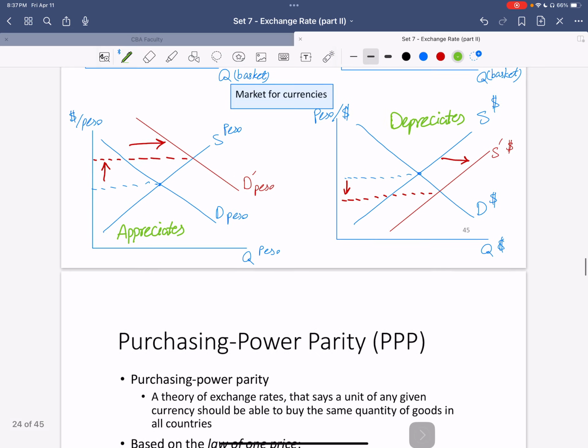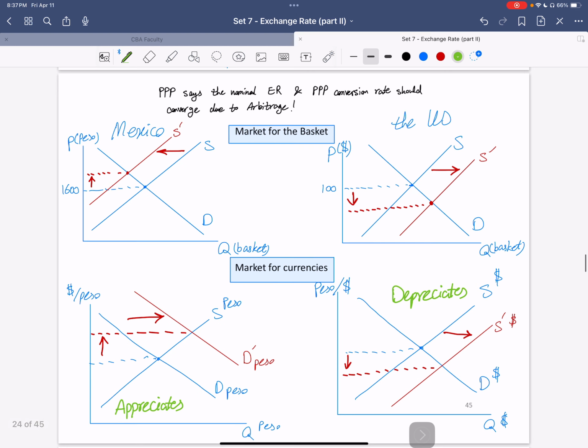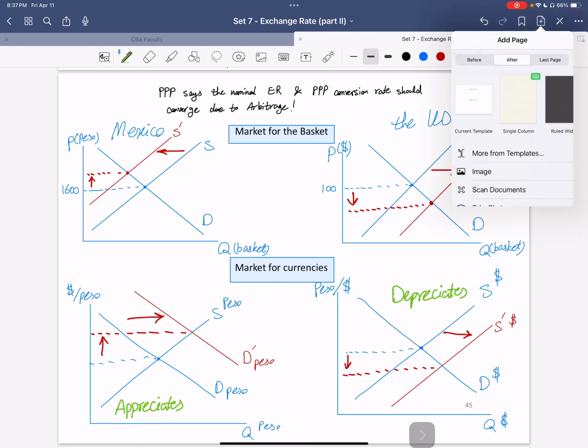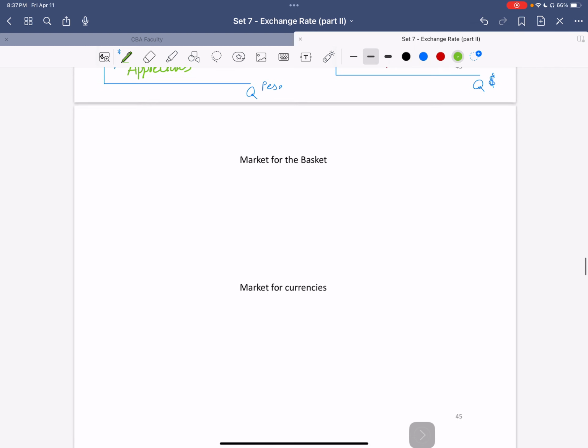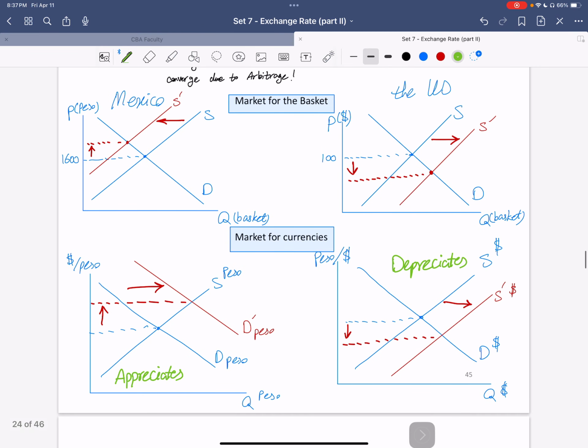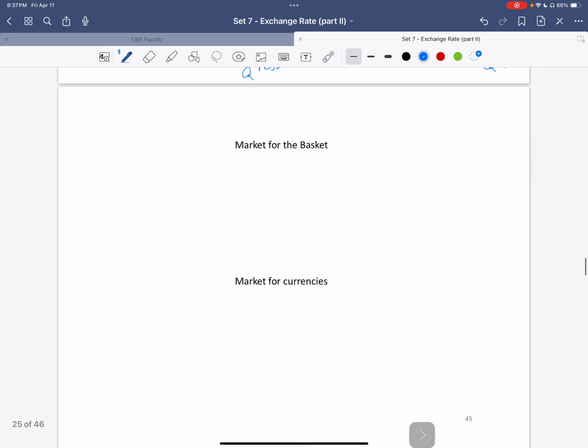Look what happened. Just look what happened. When you compare these two together in the market for the basket, the price of basket in pesos increased.